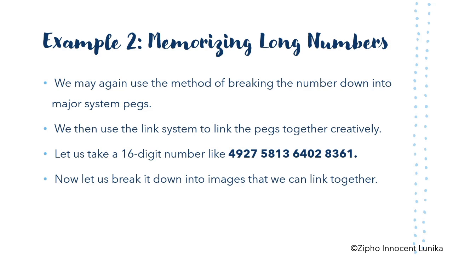So let's take a look at this 16-digit number. Let's break it down to images that we can link together. So make sure you use active learning, you become active, and you participate in this exercise. So get a pad of paper and pencil and follow along, please.